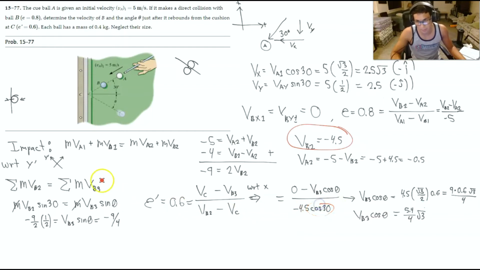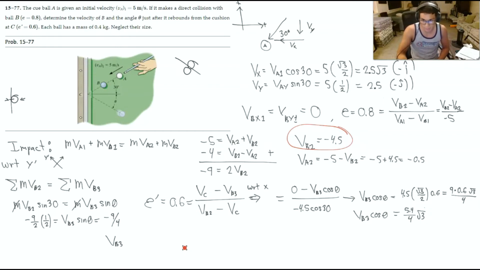Specifically, remember this was the original theta, right? This is our new theta, and we want to find this theta, and we want to find VB3. So, we have this, and we have this. Looks like we could say something. What we can do is pretty nice here.